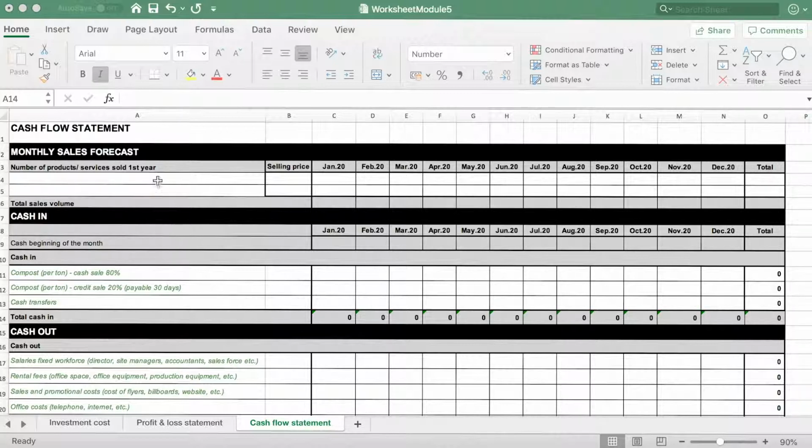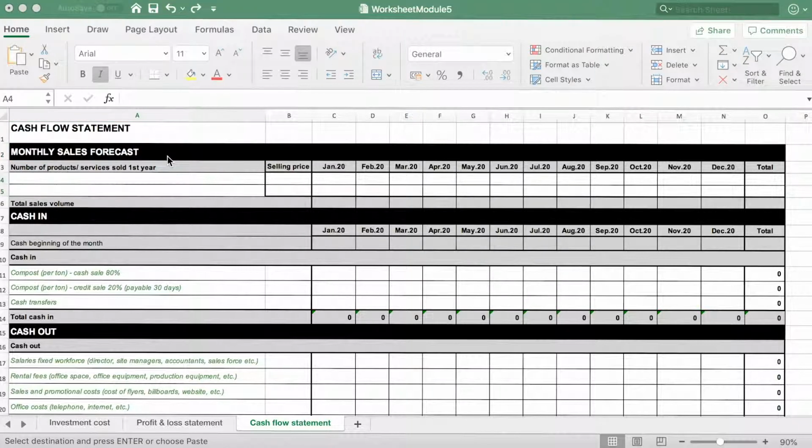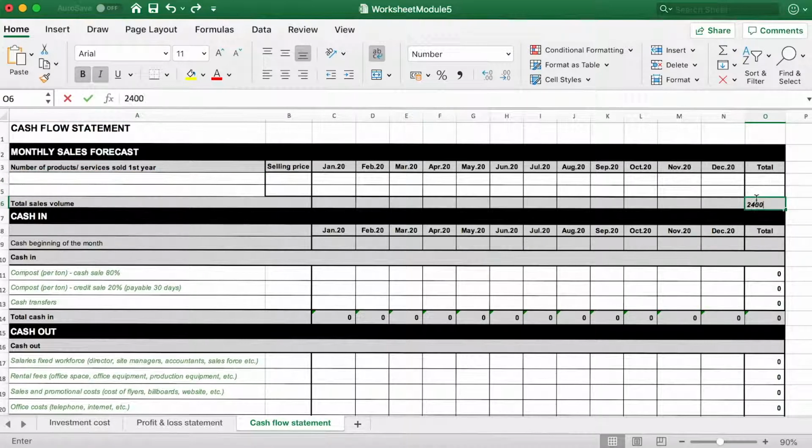First, you need to estimate the monthly sales forecast for the first year. Last week, we calculated that the composting plant sells 2,400 tons of compost in the first year of operation.